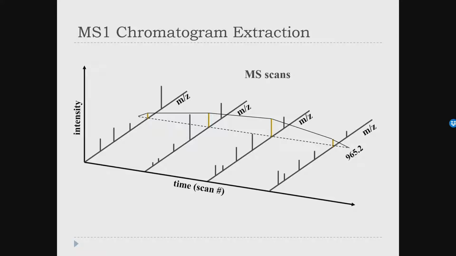Because in DDA data, that's the only data that's collected systematically over time, right? The MS/MS scans are kind of jumping around all over the place, so you can't actually get a chromatogram that you would use for quantification. So all we can do is extract out of the MS1 scan. So that's what we're going to do.